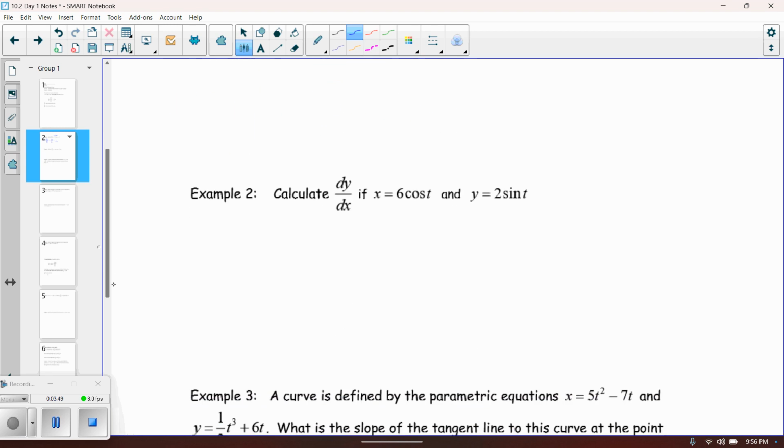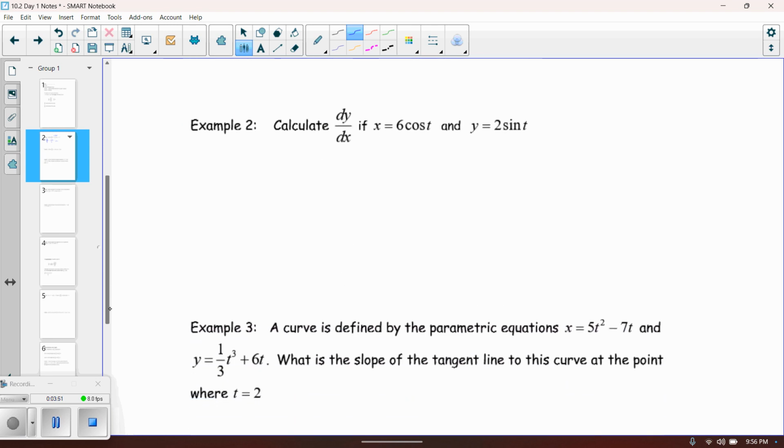All right, let's try another one. Example 2. dy over dx is what we want to find given the parametric equations that are given there. So again, it is dy over dt over dx over dt. The derivative of the y portion with respect to t will be 2 cosine of t.